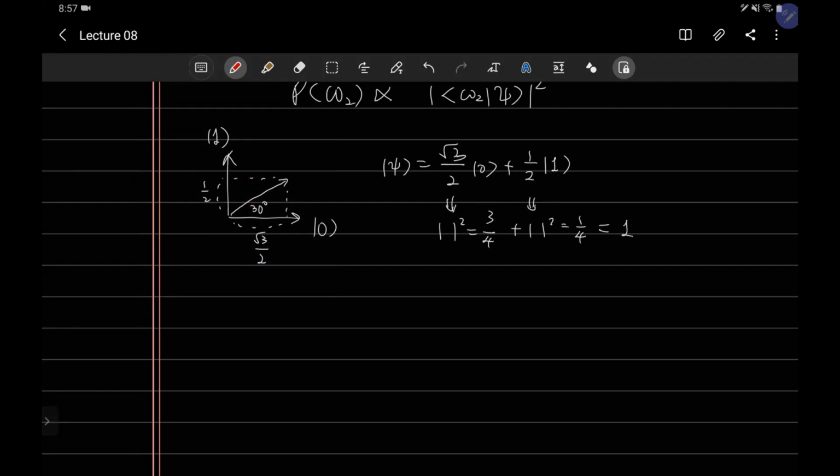For example, we might consider using this tilted basis, and let's call these vectors 0 prime and 1 prime. In this case, the same psi vector now lies along this new vector, and here I'm assuming that its length is 1.